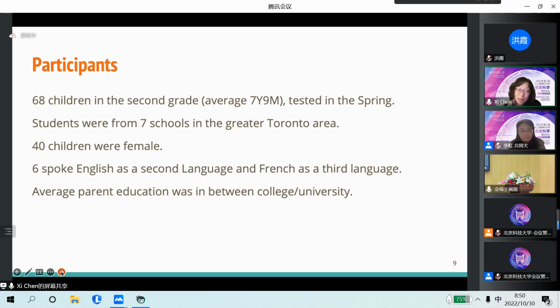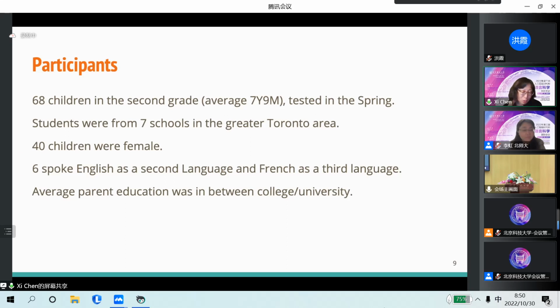They spoke English as a second language and French as a third language, meaning they were actually trilinguals. And the rest of the children spoke English at home and they learned French at school, so they were English-French bilinguals. And the average parent education was between college and university.